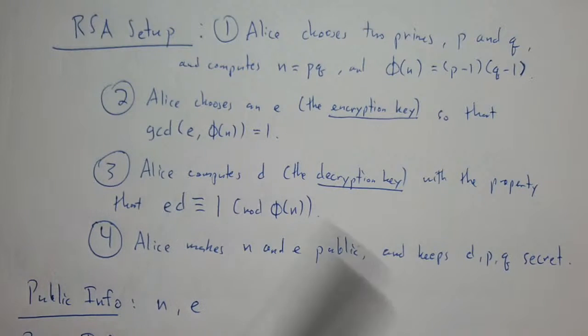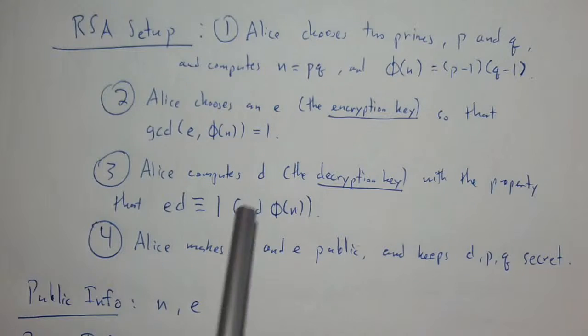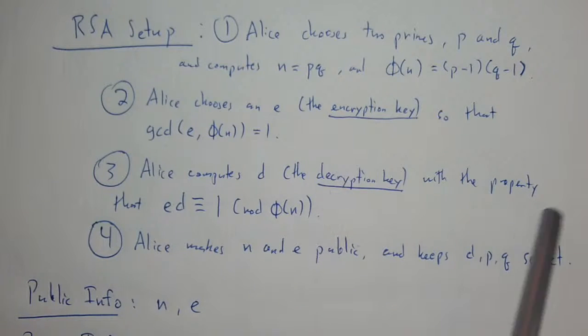In fact, E could be chosen to be fairly small, and this is still a pretty secure process. She computed D as the thing that solves this linear congruence, and then N and E are made public, while D, P, and Q she keeps hidden. That's the setup.